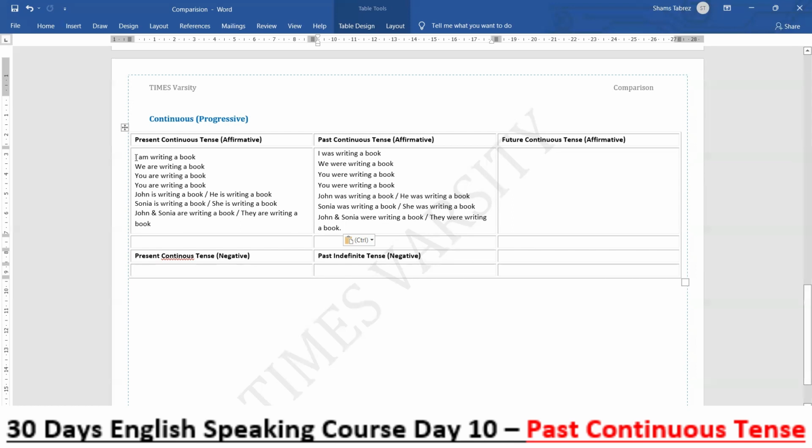In present continuous, the helping verb am is used with first person singular, then are is used with second person singular and plural and third person plural, and with third person singular, is is used. In past continuous, for first person singular and third person singular, was is used, and for the rest of the pronouns, were is used.